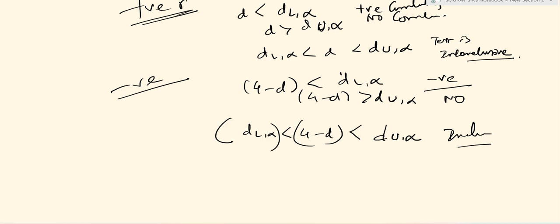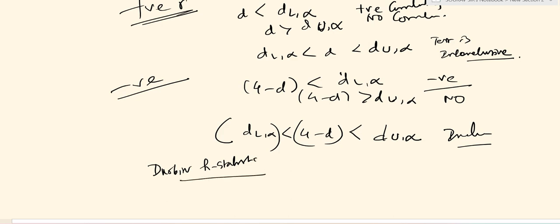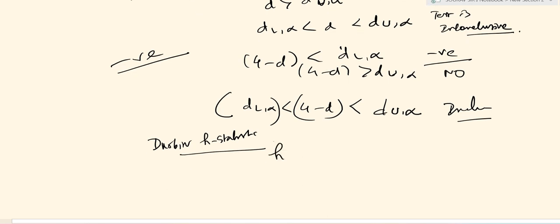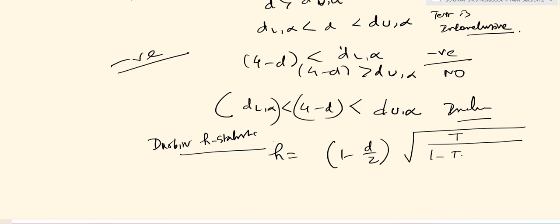Now there is another thing, the Durbin H statistic, as we also call it. The Durbin Watson statistic is based on autoregression, we know. So there is an H value we can calculate utilizing this D. Let me just tell you: H equals (1 minus D by 2) times the square root of T divided by (1 minus T times the variance of beta 1 hat).